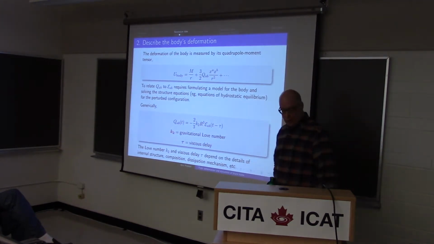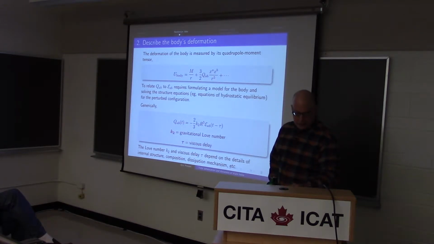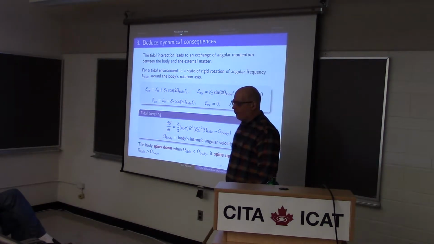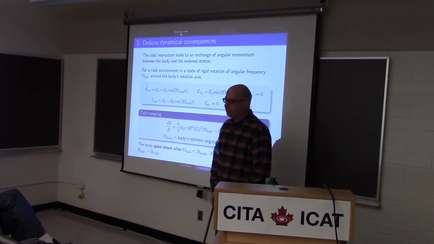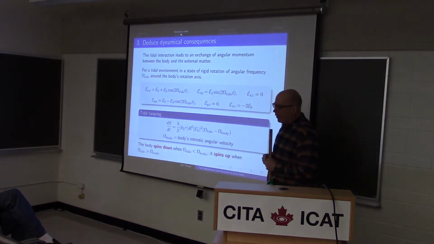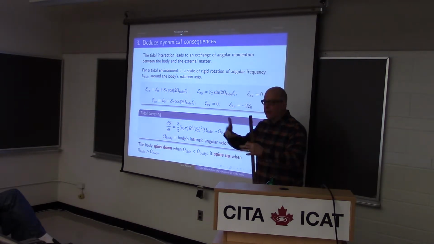It captures everything you need to have. Then you can ask questions about dynamics. You can ask, for example, how the tidal forces are torquing the body, and what is the exchange of angular momentum between, for example, an orbiting moon and a rotating Earth? And well, again, that depends on your underlying theory.